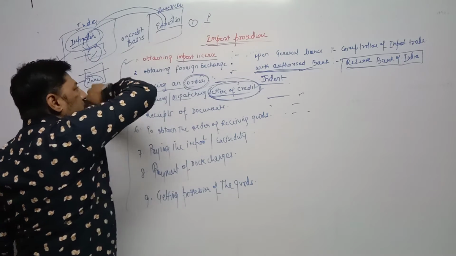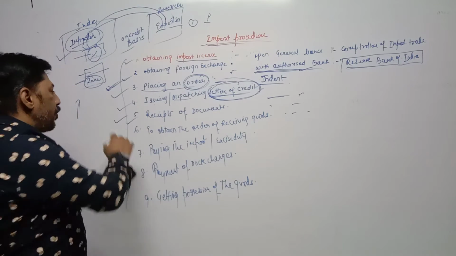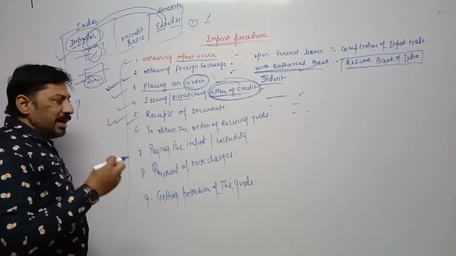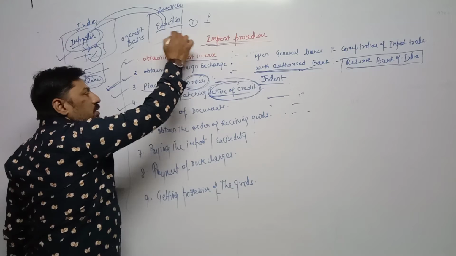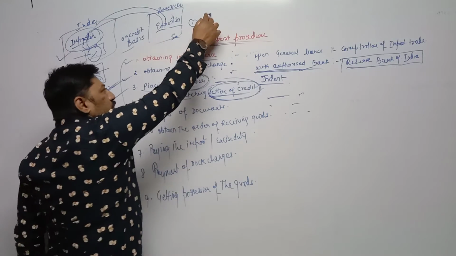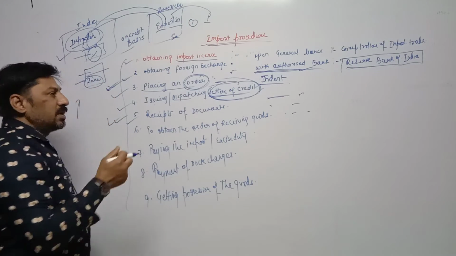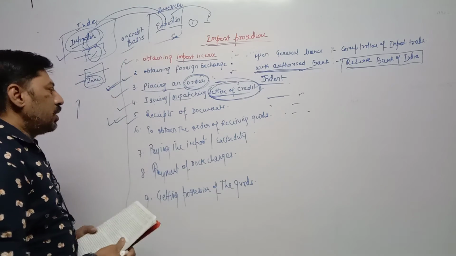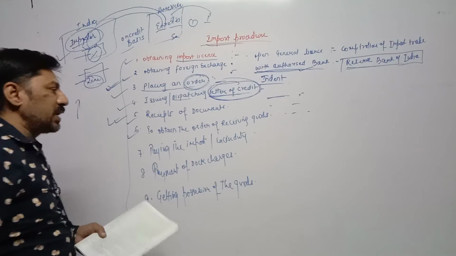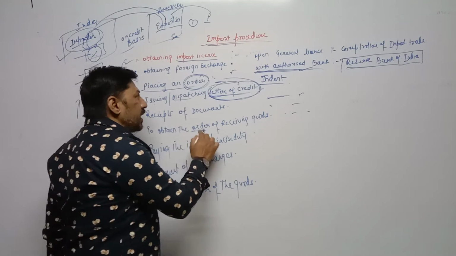If they are sending goods through ship, then the importer must have a letter so that they can receive their goods from the seaport, or if they are sending goods by air, they must have some letter through which they can get their goods from the airport. That is called to obtain the order of receiving goods, and this order is issued by the exporter.